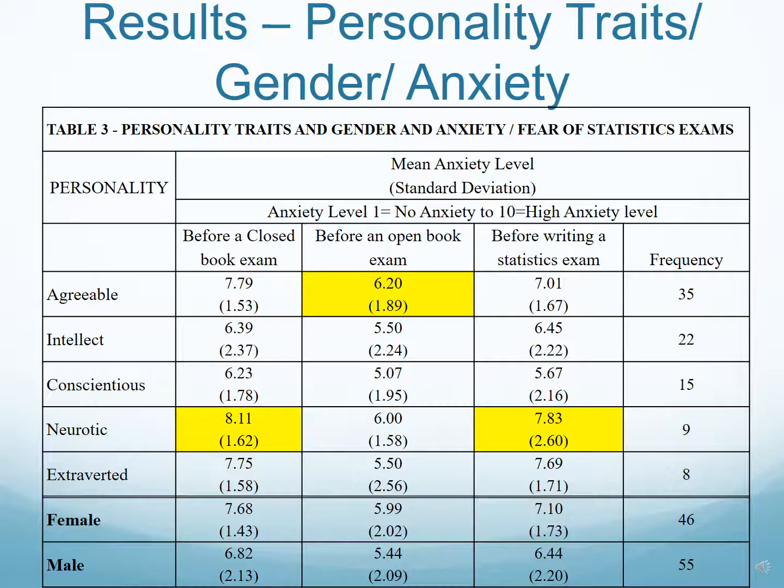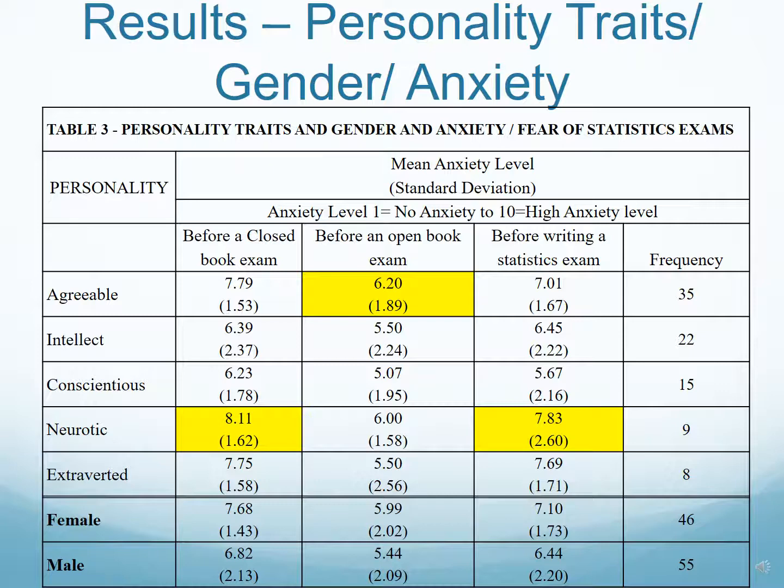Now, for the other part of the table, in the case of a closed book exam, the neurotic students are the most anxious. And in fact, it is the case before writing a statistics exam. They are, in general, more nervous, more anxious than the other students.